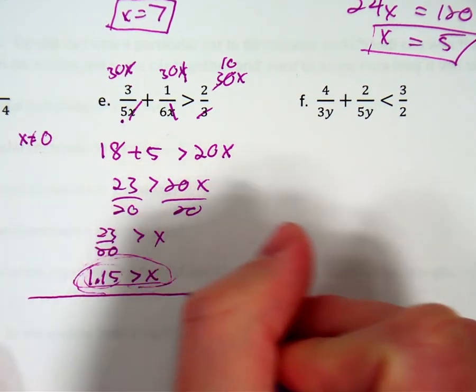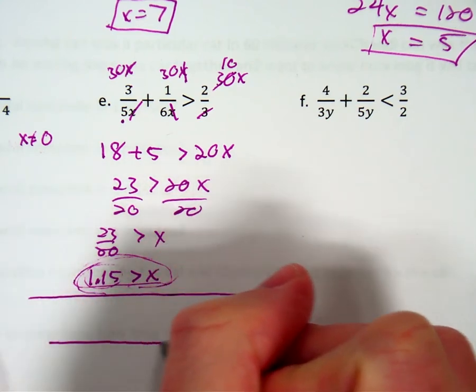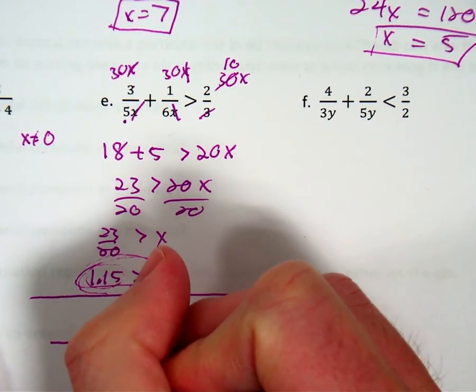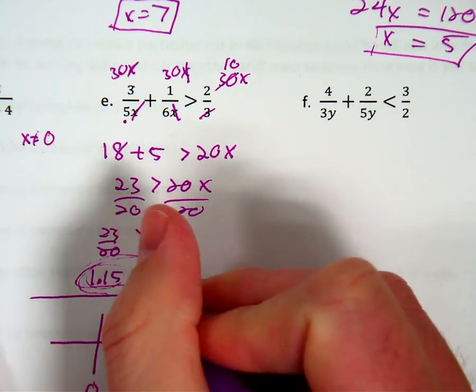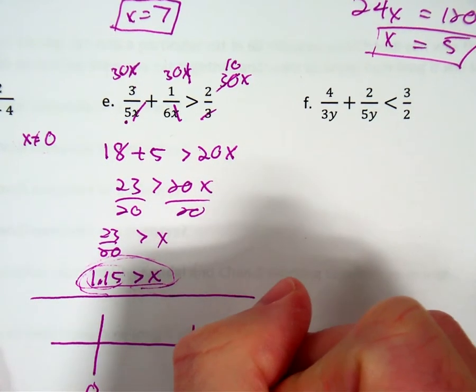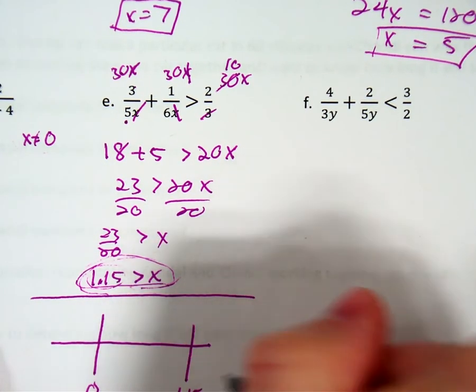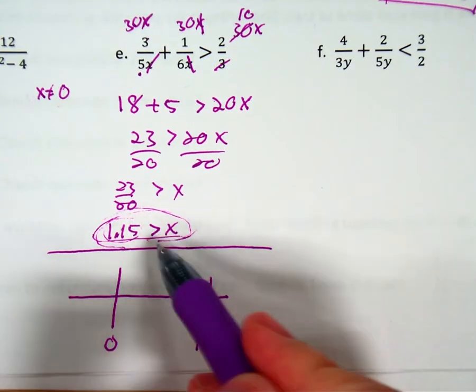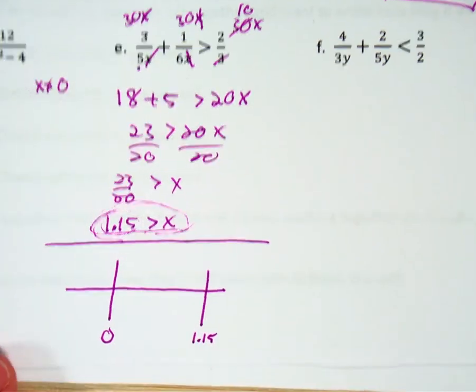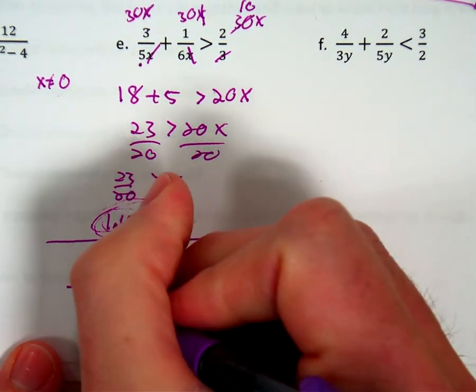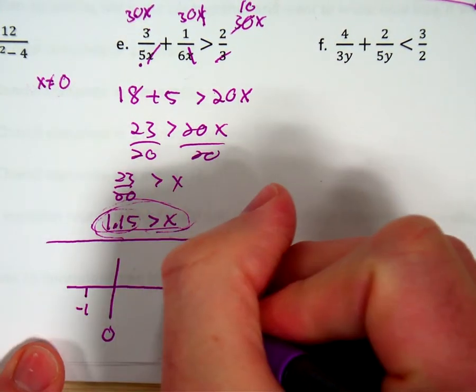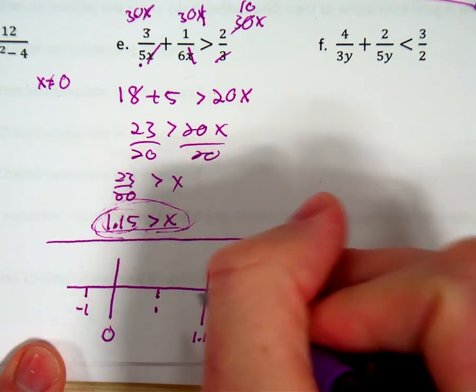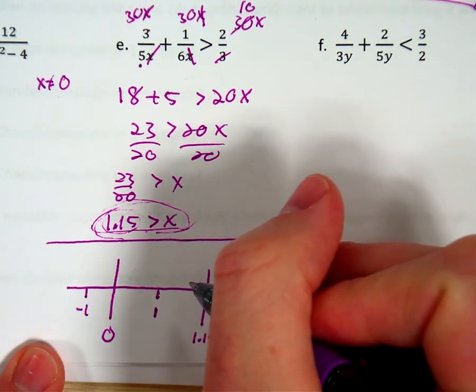Now we're going to draw just a little number line here, and I'm going to put 0. And I'm going to put my other special number, 1.15. Those are my two special numbers, what x came down to be and then what x can't be. So now we're going to test some numbers in our original inequality and see if they're true.